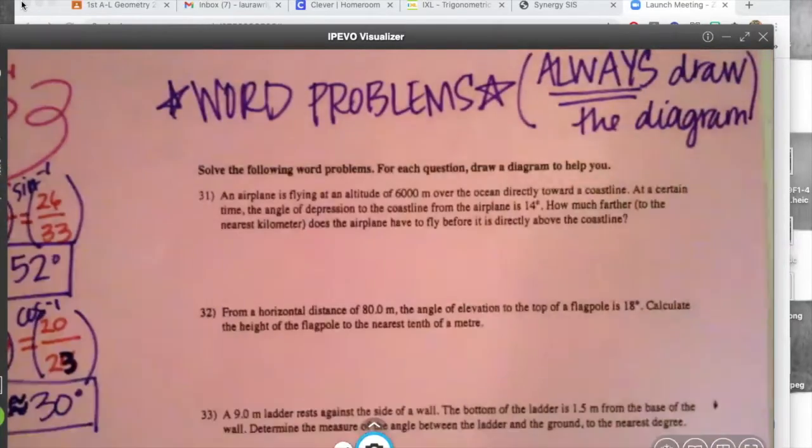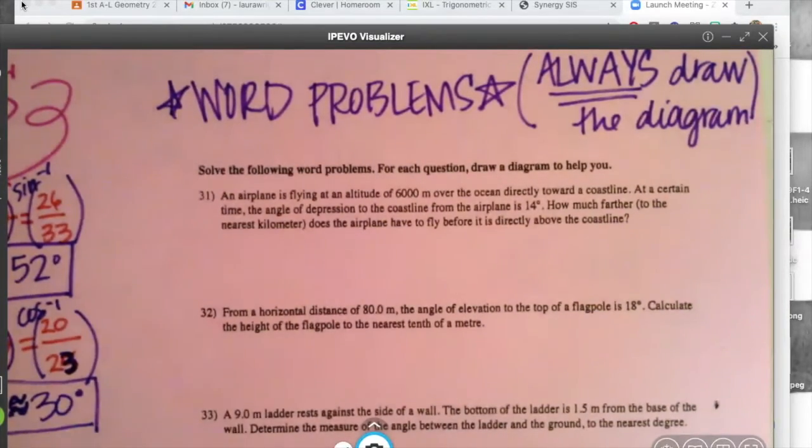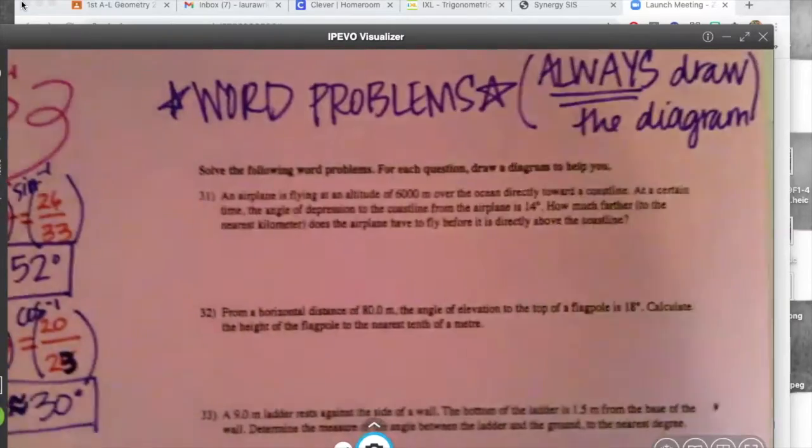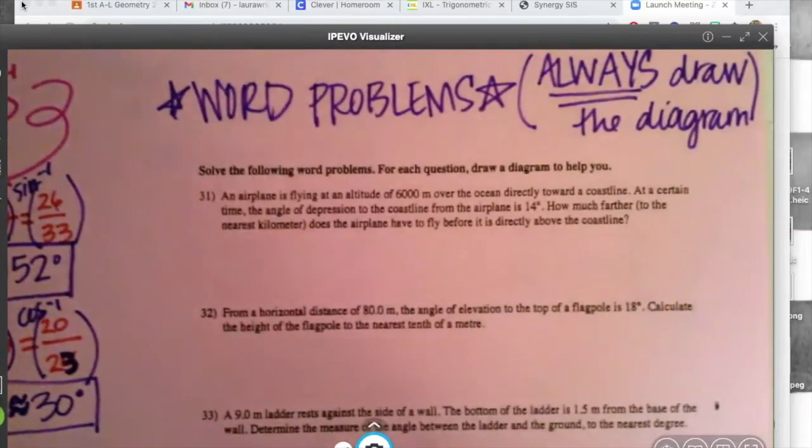Now your diagram does not have to have an exquisite amount of detail, right? You're not doing the Sistine Chapel ceiling for these diagrams. You're just sketching out a triangle is really all you need. So different triangles are going to be turned different ways based on your context.